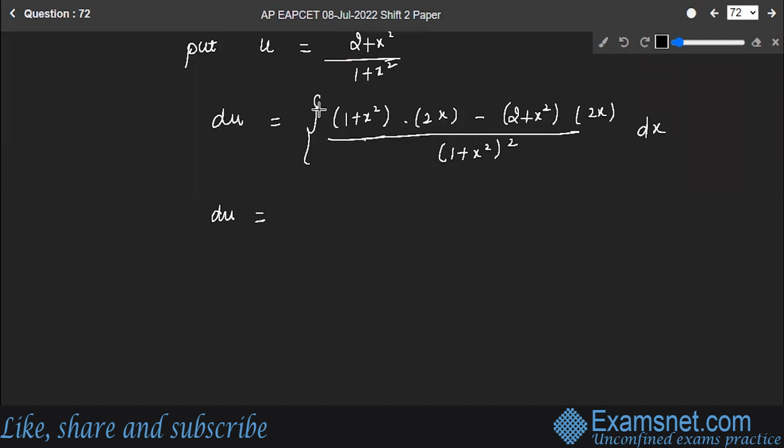So du is equal to, I'll open up, 2x plus 2x cube minus 4x minus 2x cube.